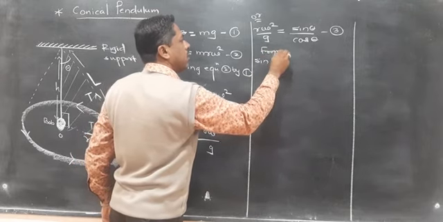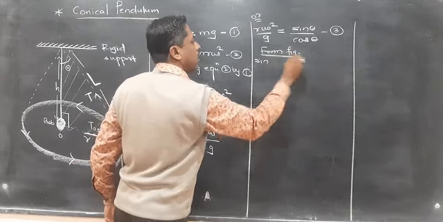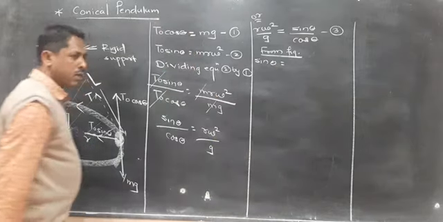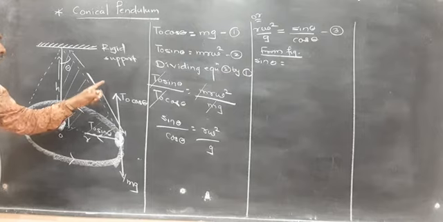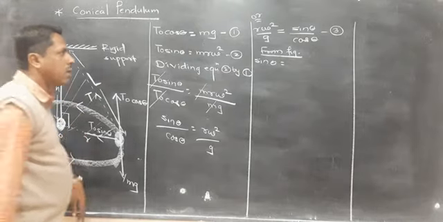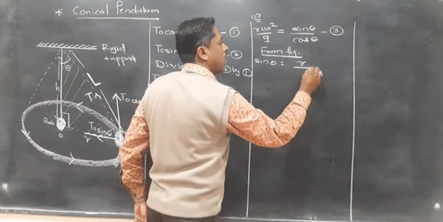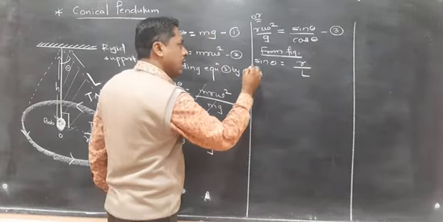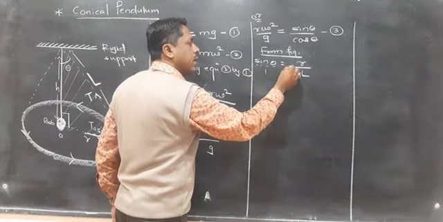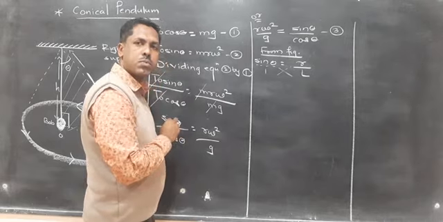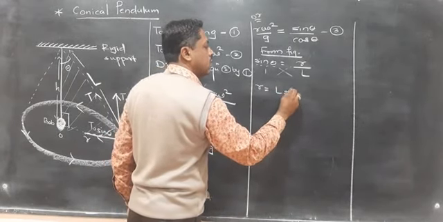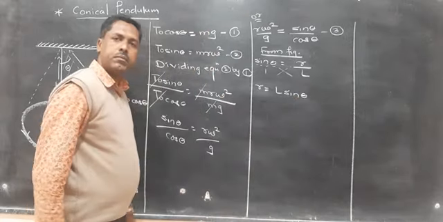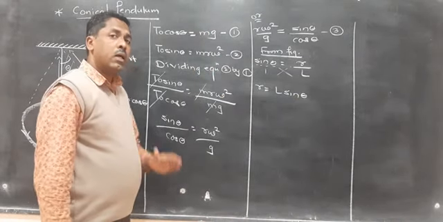From the figure, sin theta is opposite upon hypotenuse, that is r upon l. Taking cross product, what can we write? That is r is equal to l sin theta. We know that.